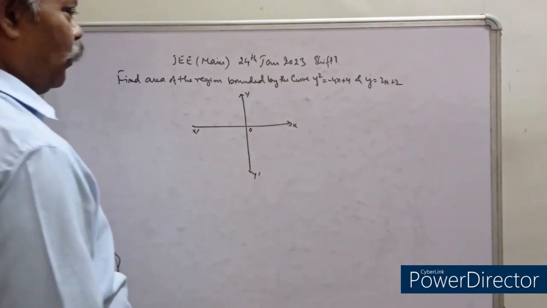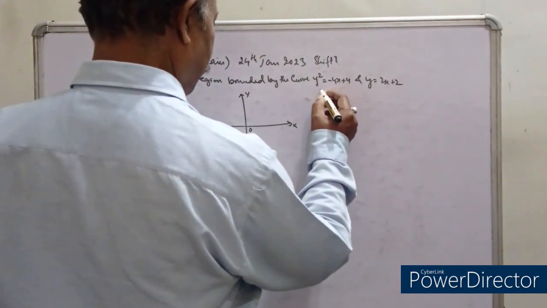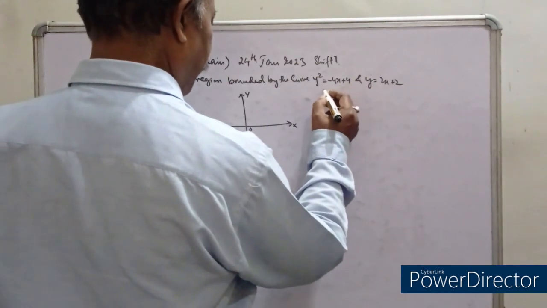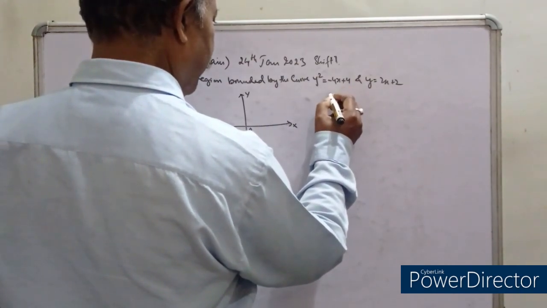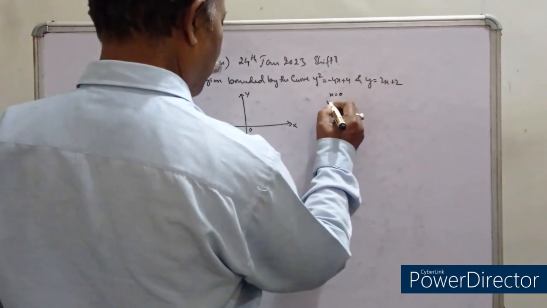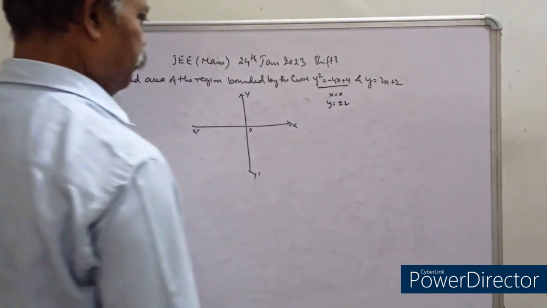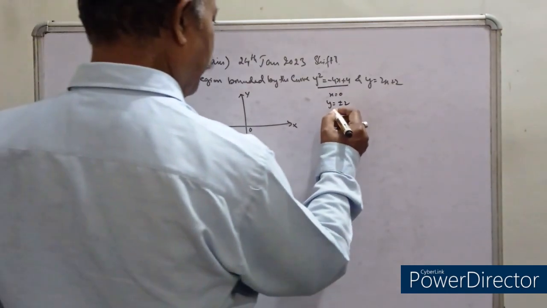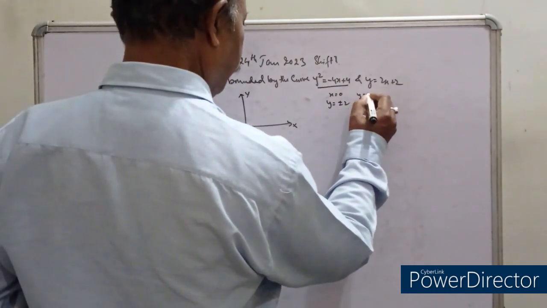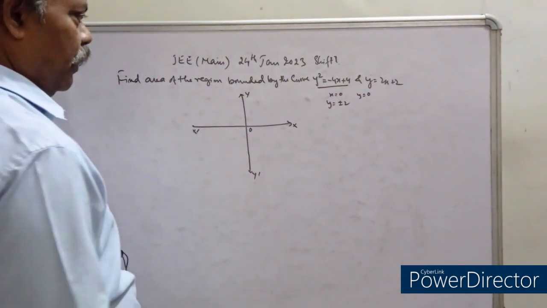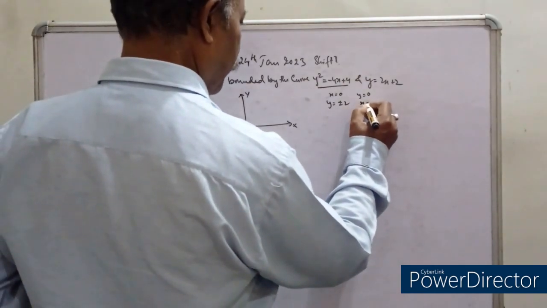So let us find out the point of intersection. First of all, if we take x is equal to 0, so y will be equal to plus minus 2 in this equation. And if we take y is equal to 0, then your x will be equal to 1.